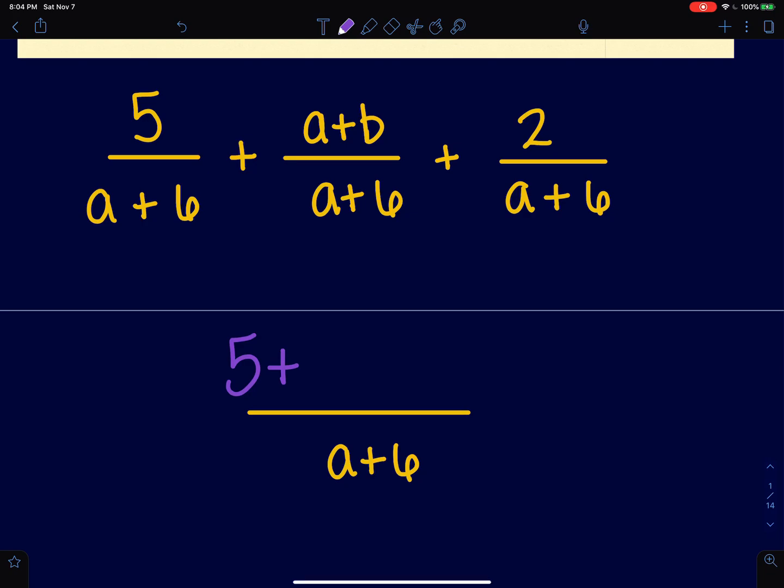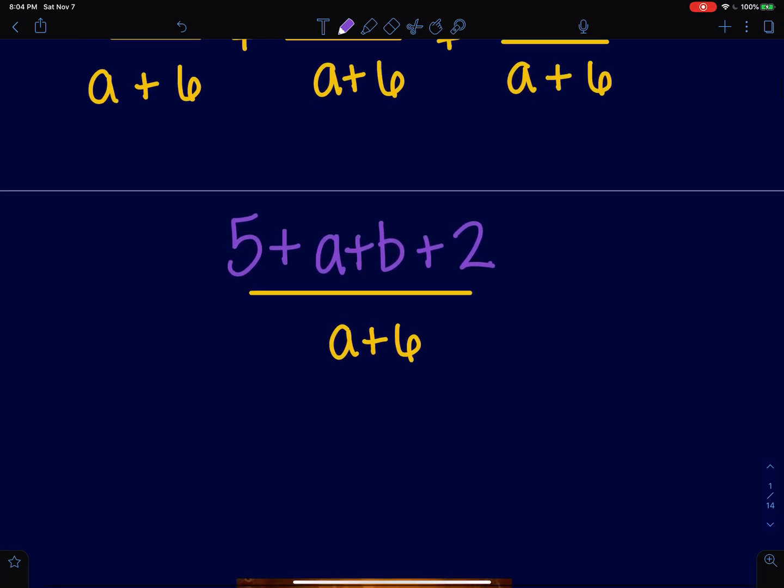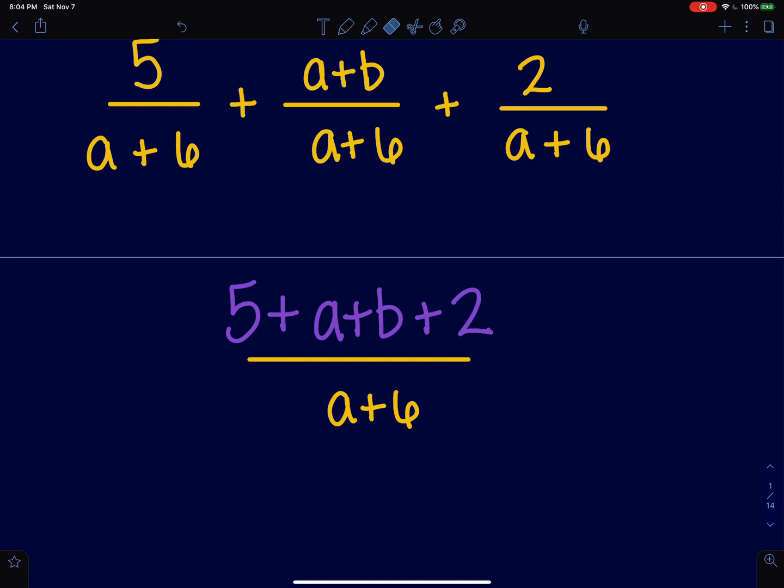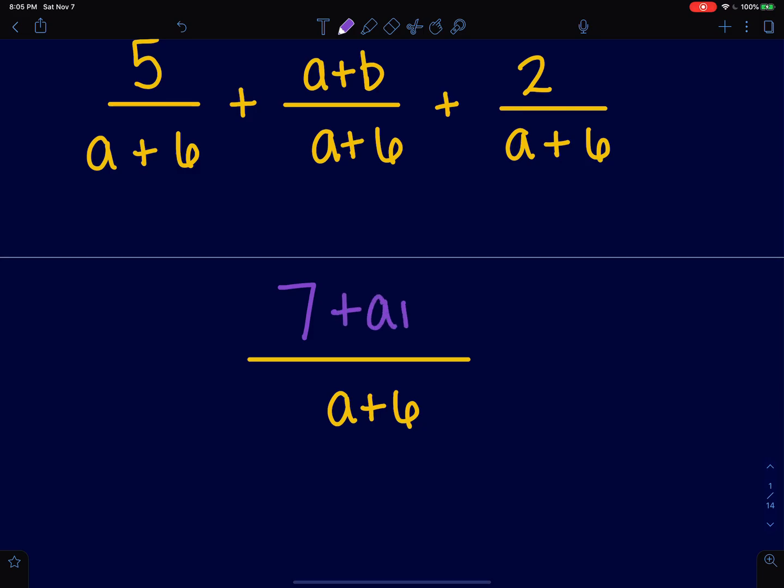So it's going to be 5 plus a plus b plus 2. Let's just simplify that right now. It's going to be easy, because I just added this 5 and this 2: 7 plus a plus b, and it's all going to be over a plus 6. Now, they did that in multiple steps in your book, but I think that you can figure that out, right?